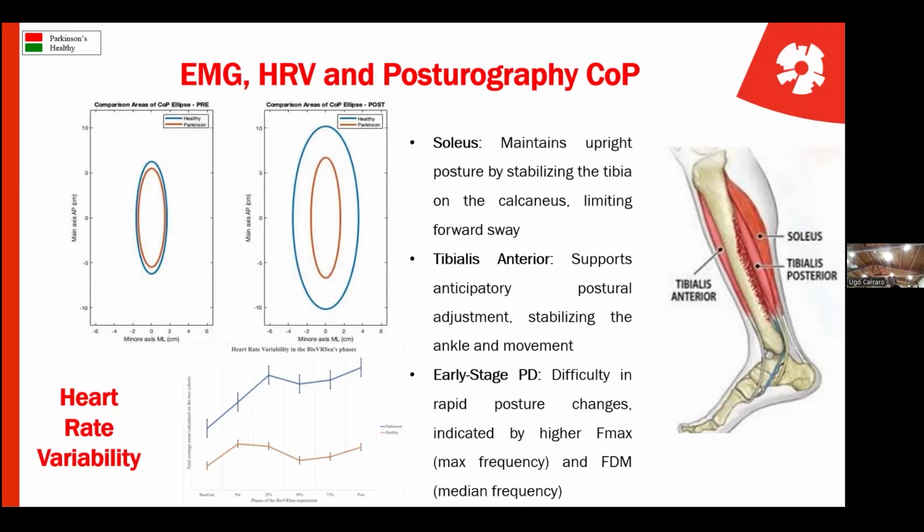And what you see here is that when they only see the moving, but they are not moving at the beginning of the experiment, the patterns for healthy individuals and Parkinson remain unchanged. Okay, so it's very similar, drawing the same pattern.